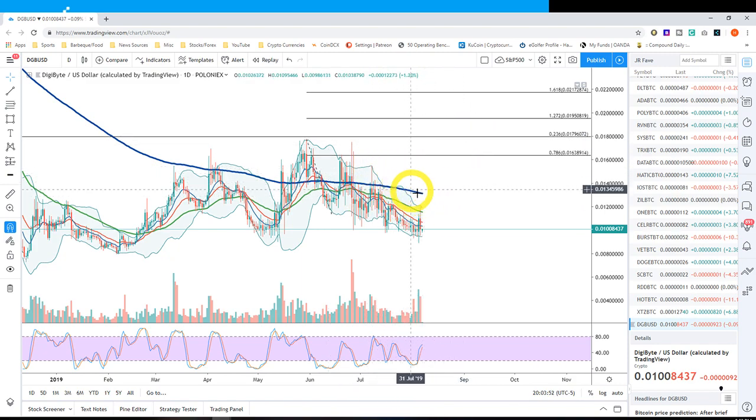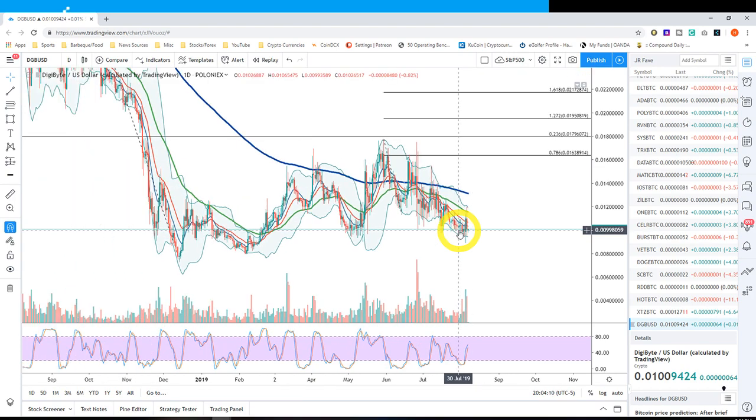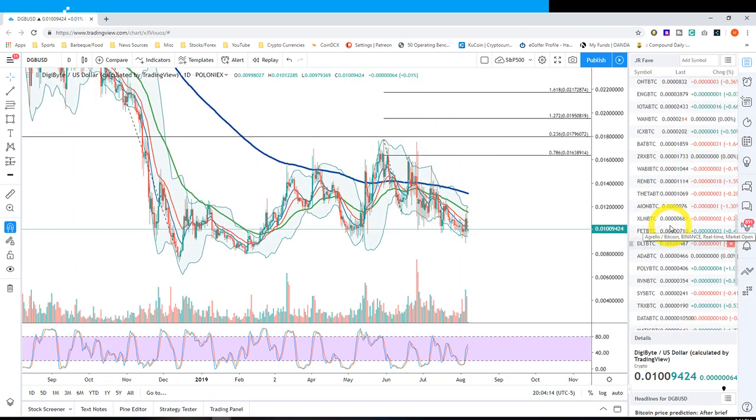But now it's flowing down a little bit. As long as it can hold right in here. What is that? Geez, a little less than a penny, or right at a penny. As long as it can hold that. Maybe. But we'll see.